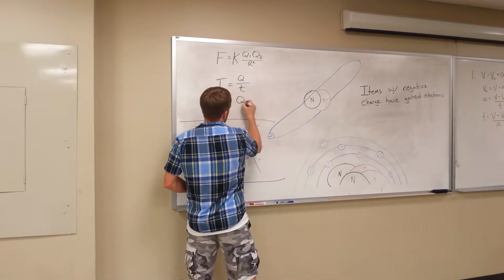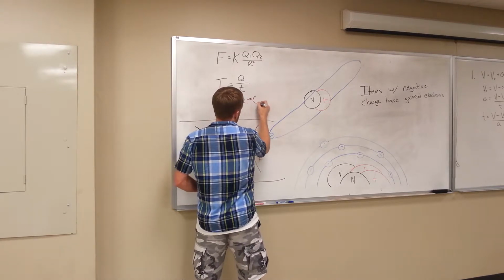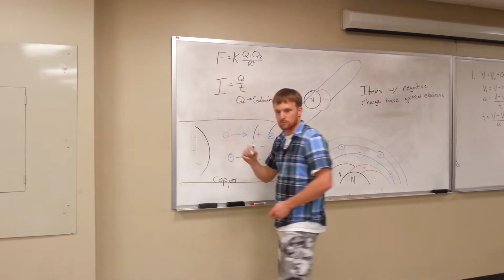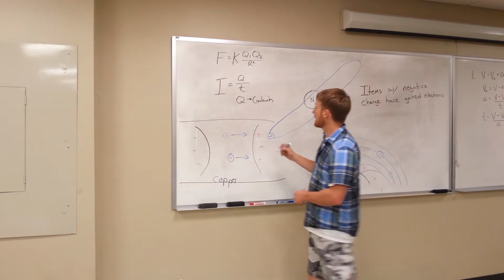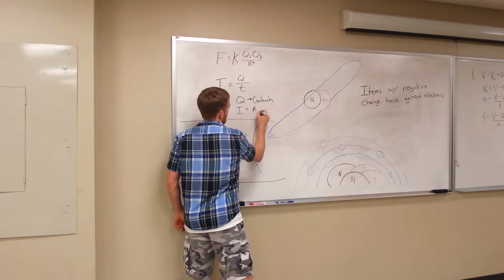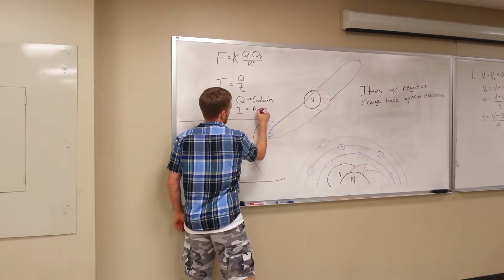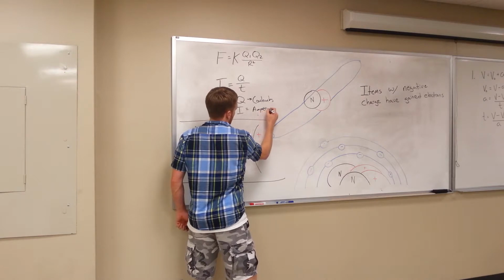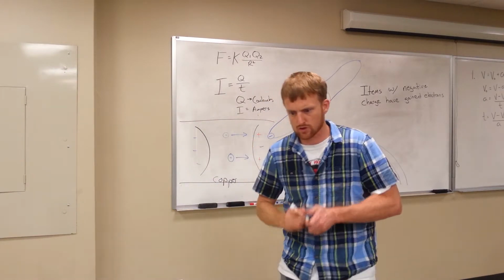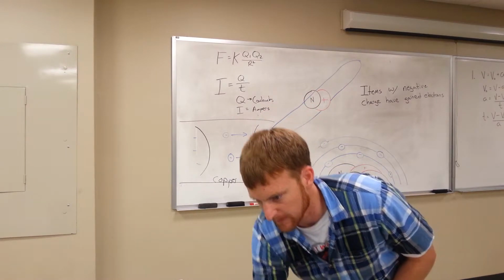Q is measured in coulombs, and I is measured in amperes. Hold on, I might be spelling that wrong.